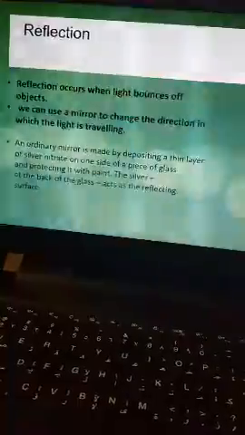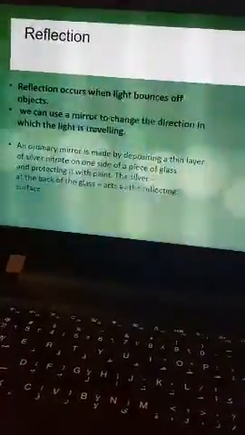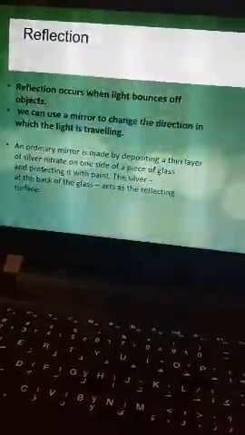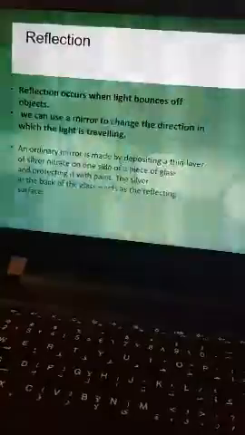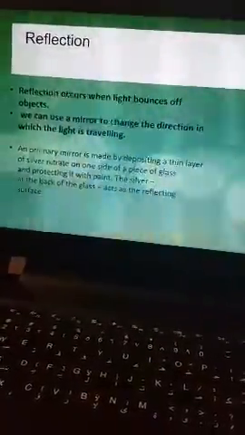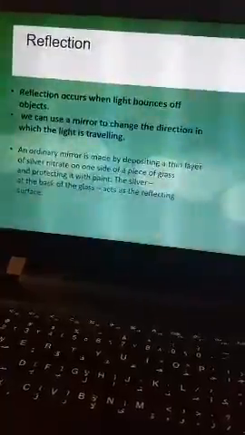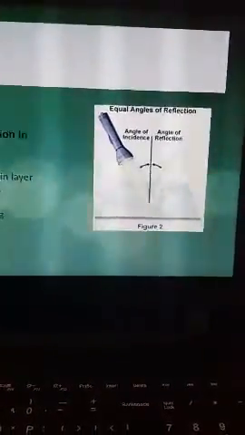Okay, so this side of glass reflects light very well because this part of glass is smooth and shiny. So the mirror is smooth and shiny, that's why it reflects light very well, not the same as any other surface.